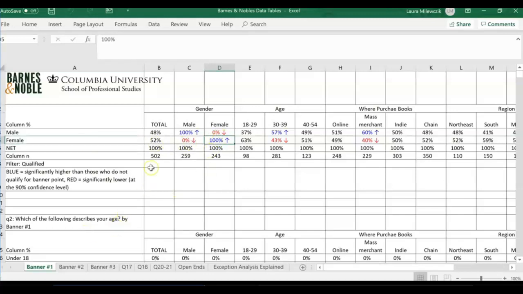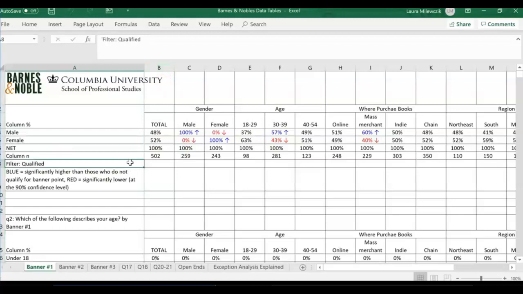Now, the thing to keep in mind when reading data tabs is you're to read down a banner point and over across here. So think of it as a backwards L. Never read data tabs looking this way, across and up. That would be incorrect.